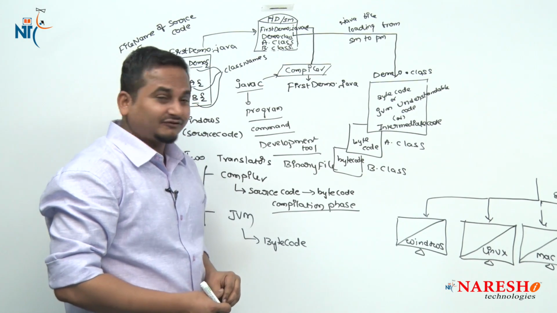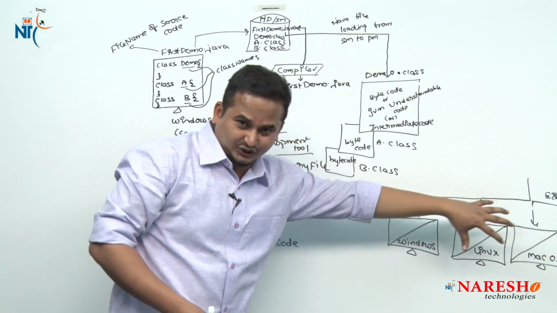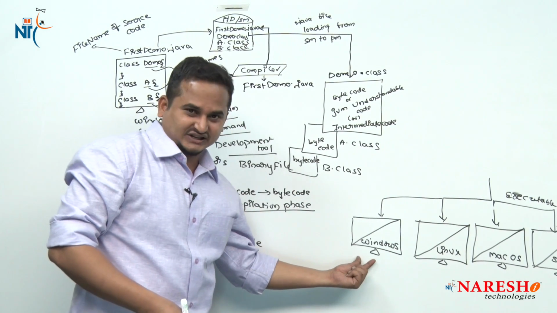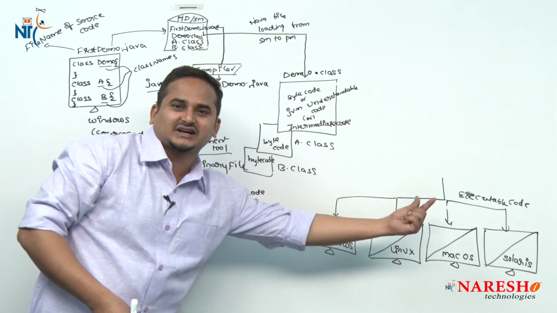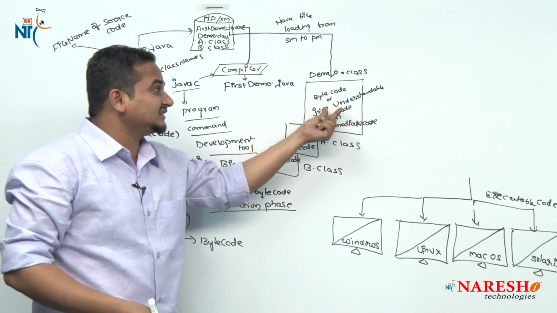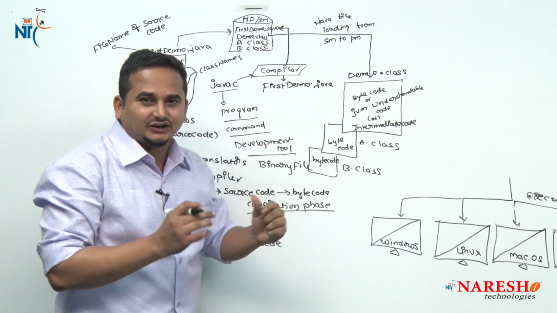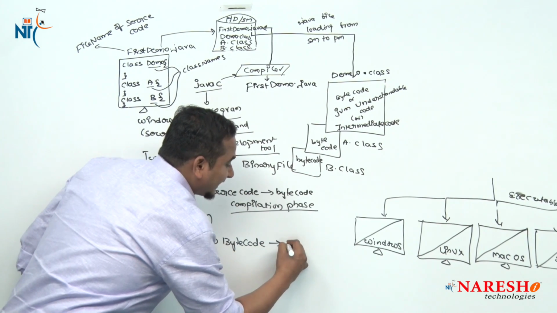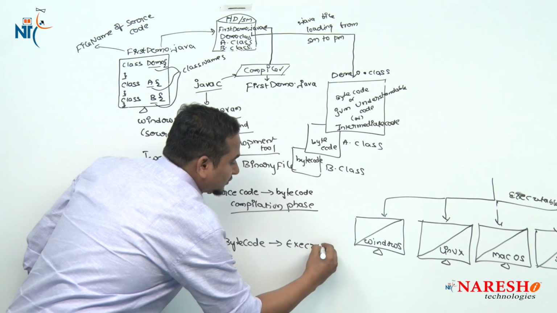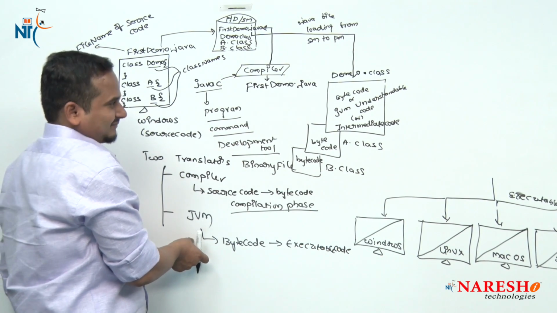This bytecode can easily be converted into Windows operating system understandable code, as well as Linux, Mac OS, and Solaris. So this is platform independent code. Now we should convert from bytecode to what type of code? Executable code. So for that purpose we require one more translator like JVM.